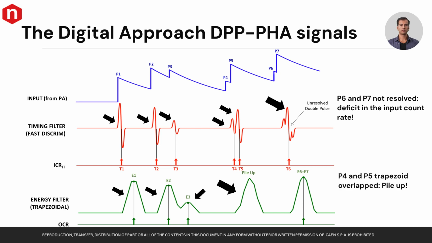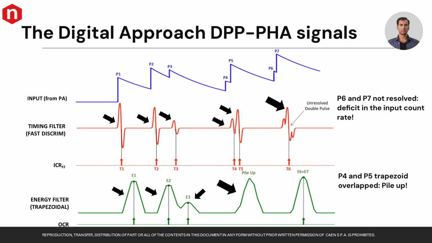This condition triggers the pileup rejector. Consequently, for P4 and P5, we will have time and ICR count information, but no amplitude information. Therefore, they will not be used for the energy spectrum and OCR count and will increase the dead time.